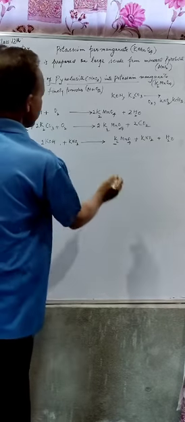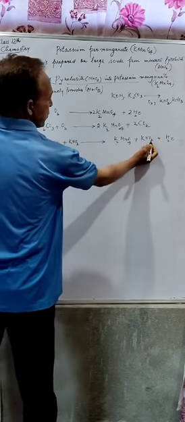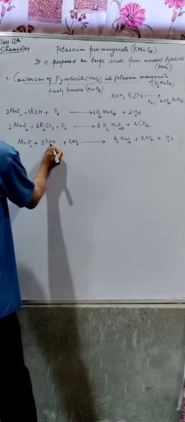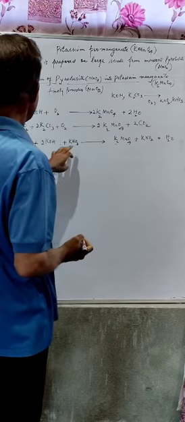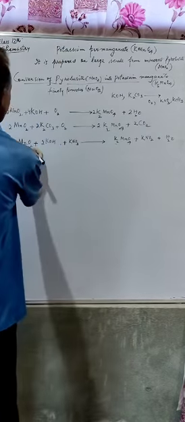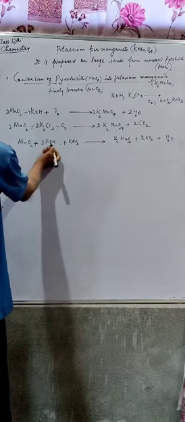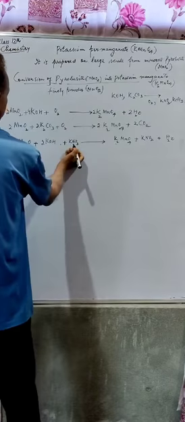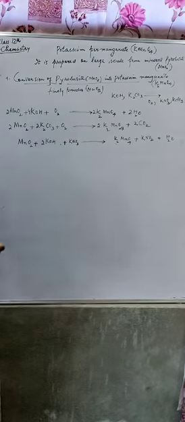The reaction gets balanced, with potassium 3 on both sides and nitrogen 1 on both sides.